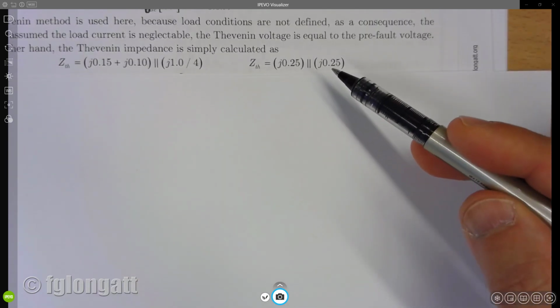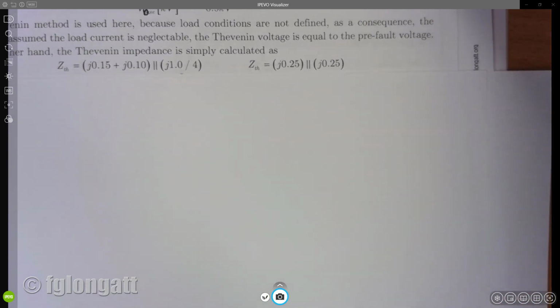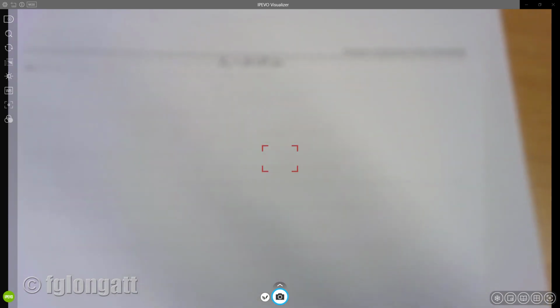And I believe there is no secret when you are doing 1 divided by 4, that is 0.25.